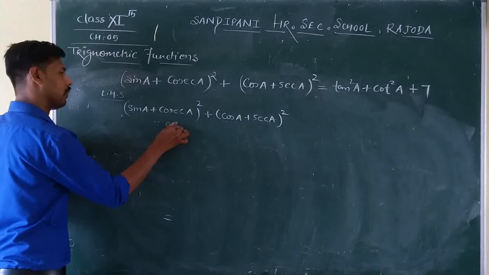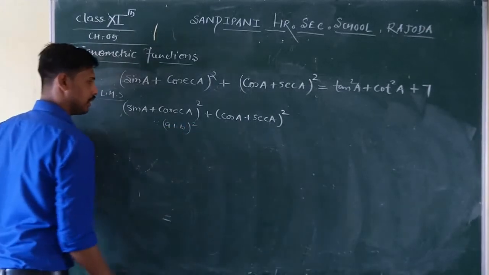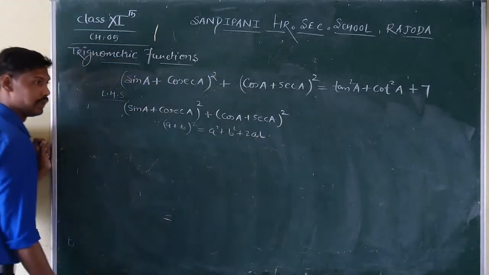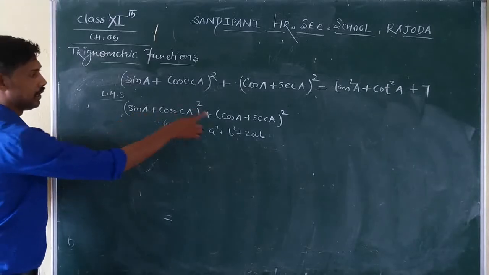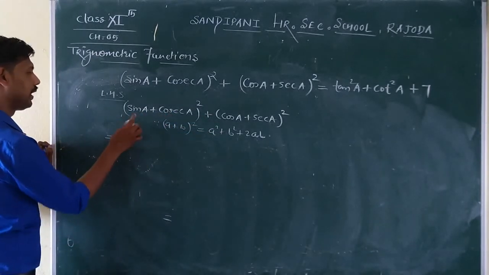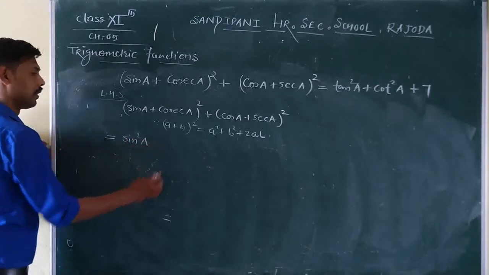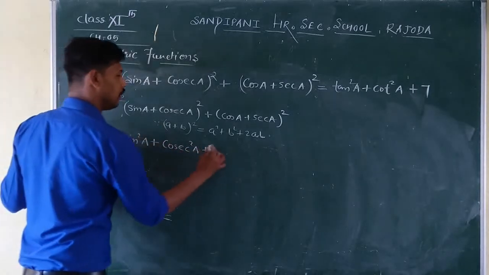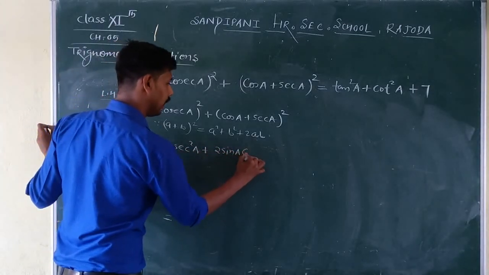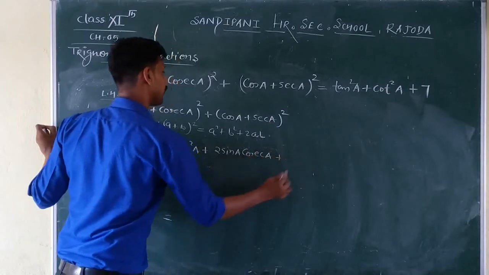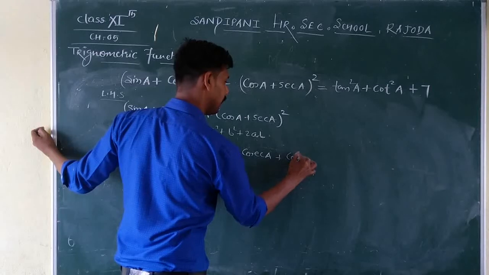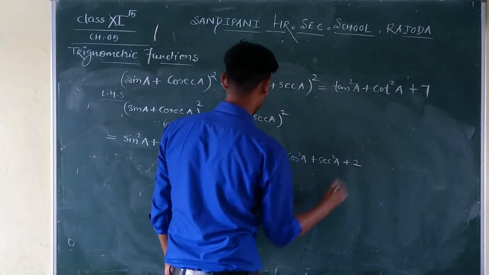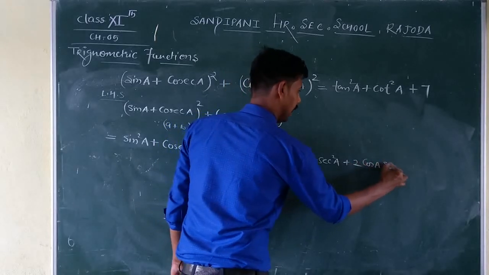What is the identity of (a plus b) whole square? (a plus b) whole square will be equal to a square plus b square plus 2ab. Here a is sin A and b is cosec A. So we can write a square plus b square plus 2ab.